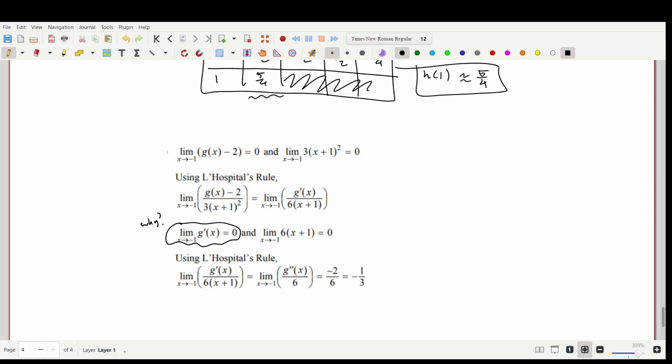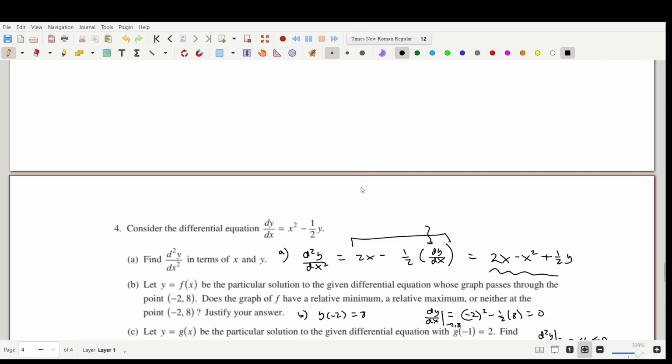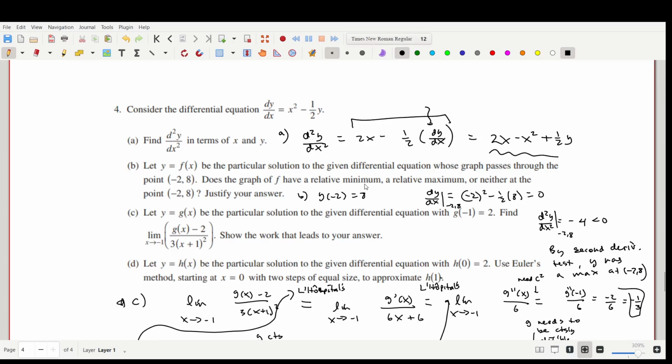And the limit at the bottom is that guy using L'Hopital's again. And then how do they know this one? That's weird to me. When you solve a differential equation, you usually are expecting the... oh, maybe it's because of that.